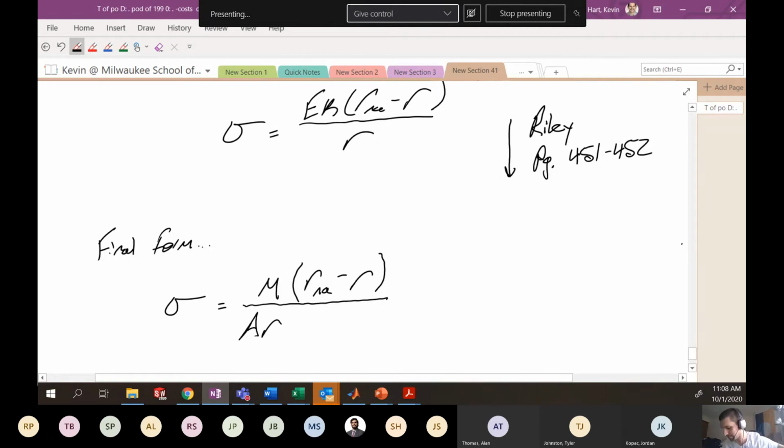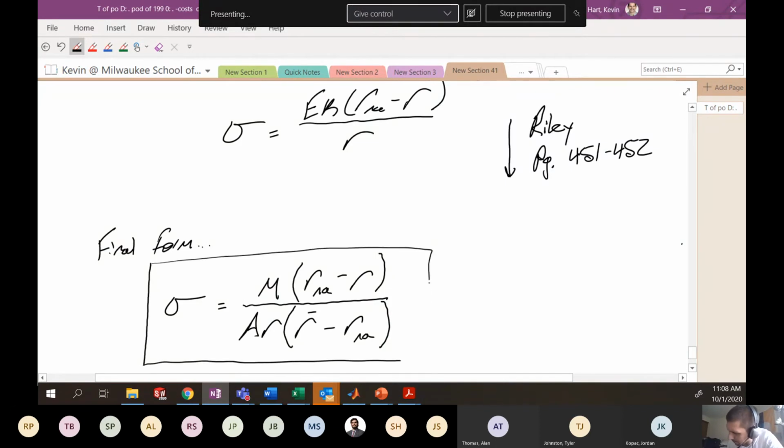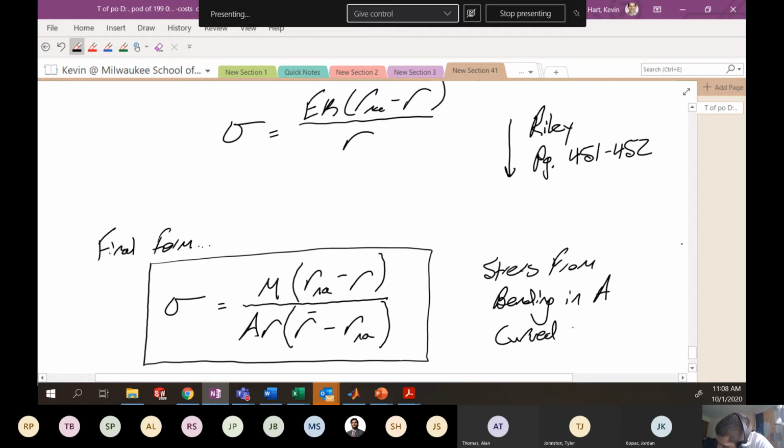It's again the distance from the center of curvature to the point of interest, multiplied by r bar minus r_n and A. And this is your equation here for stress from bending in a curved beam. Very exciting. We have made it.